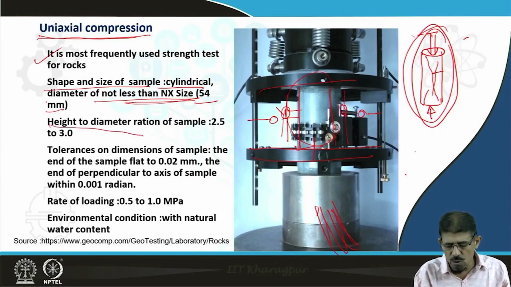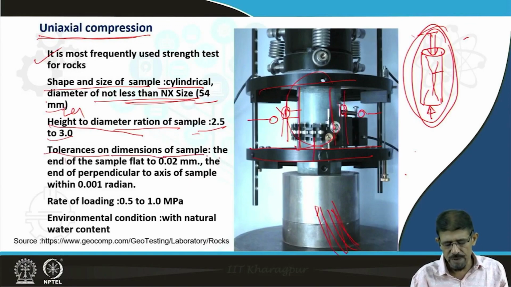Then the height to diameter ratio, or length to diameter ratio, is 2.5 to 3.0, and for the tolerance on dimensions of samples, we have smoothing surfaces, and the ends of the sample flat up to the order of 0.02.